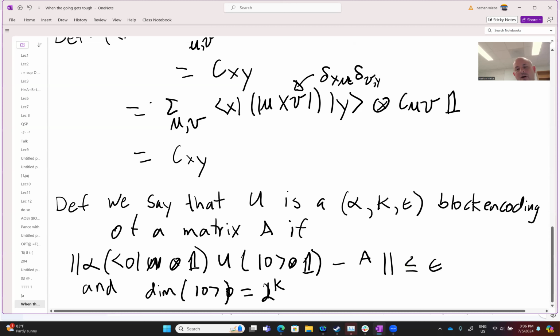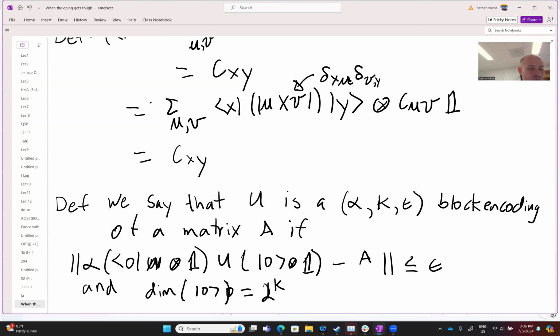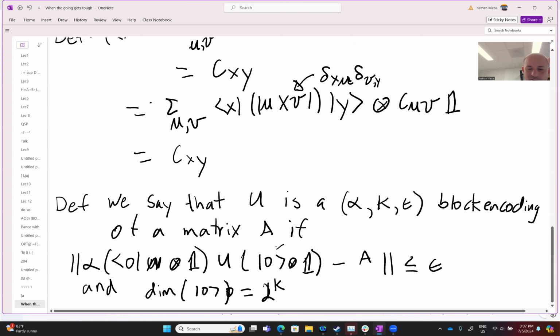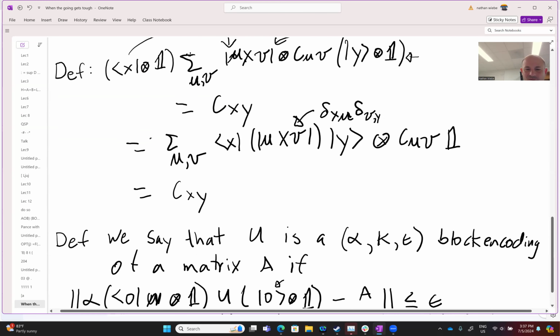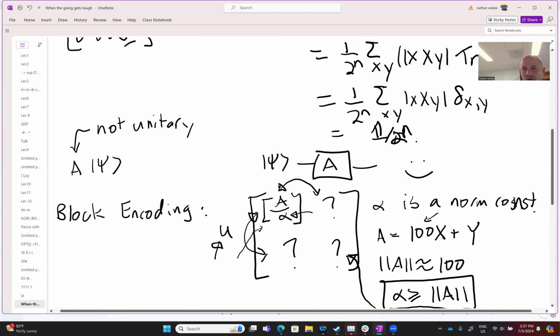Okay, so often what we'll have in these situations is if we're just interested in one block, normally 1 qubit is good enough for our purposes. But in general, we could have multiple qubits that we use in order to be able to specify the location of the block. And so this definition of what a block encoding is ends up dealing with it. And you can see this definition exactly ends up matching what we're working with here.